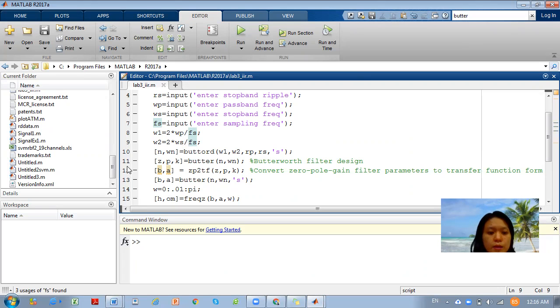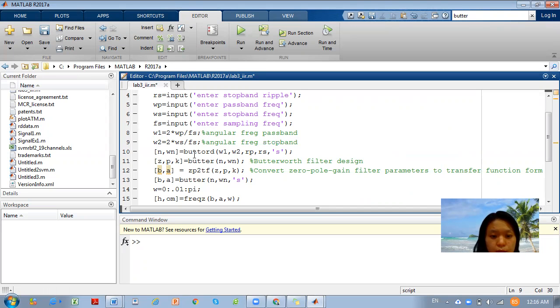Then we will have our Butterworth order. N is the order, Wn is our omega. W1 is the angular frequency calculated for our band pass band, and we also have the angular frequency for our stop band.